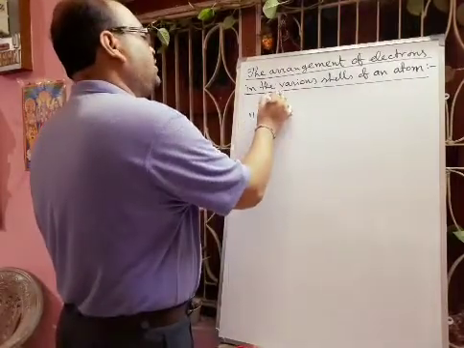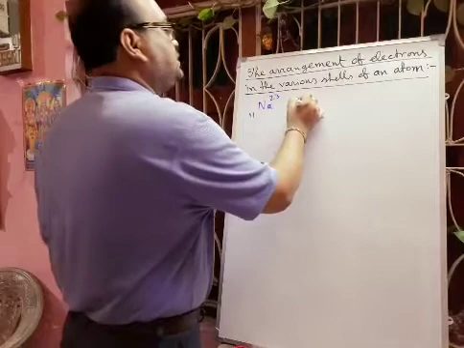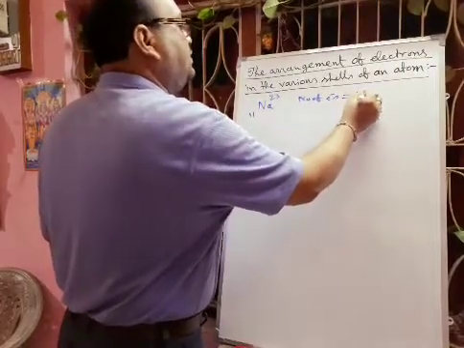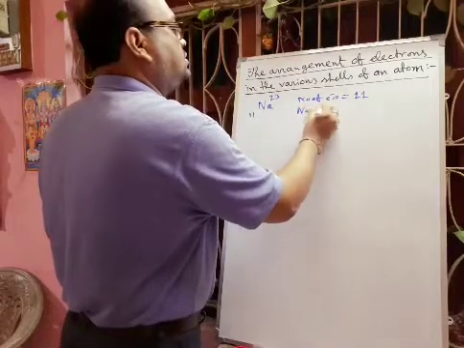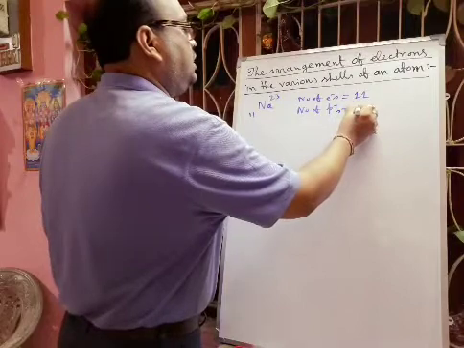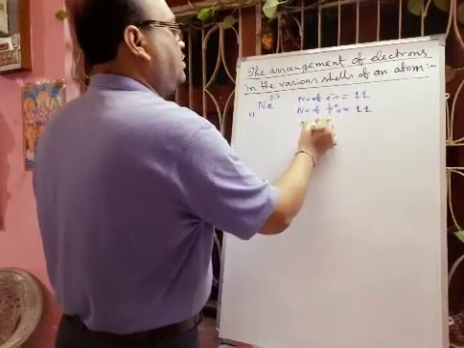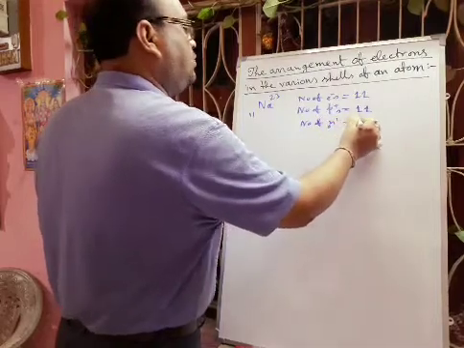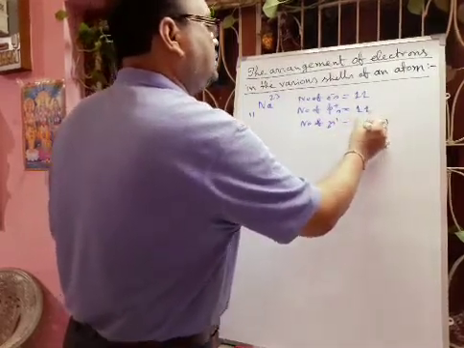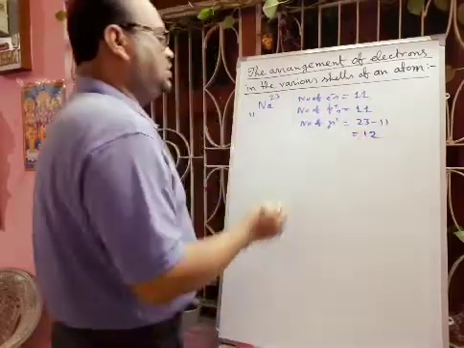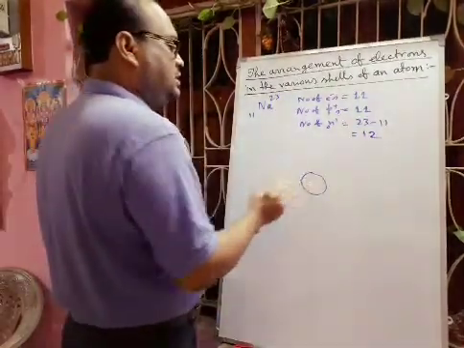Sodium is 11, 23. So in this case the number of electrons will be 11, the number of protons will also be 11, and the number of neutrons will be 23 minus 11, that will be 12. So if we draw the nucleus, then you can easily understand.